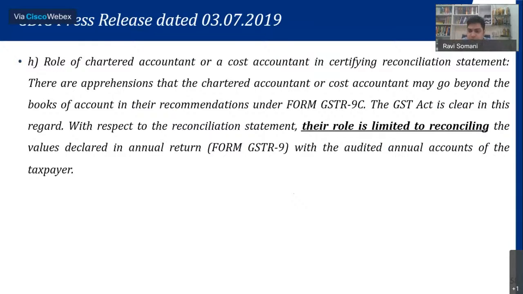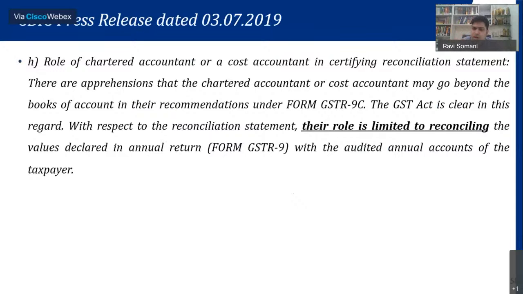There cannot be any ifs and buts, there cannot be any interpretation, and there cannot be you signing the form, giving a true and fair view or true and correct view, with somebody not even complying with the basic reconciliation. So there, there is zero tolerance.